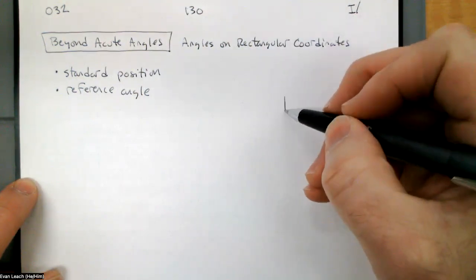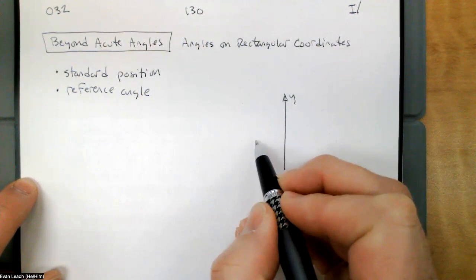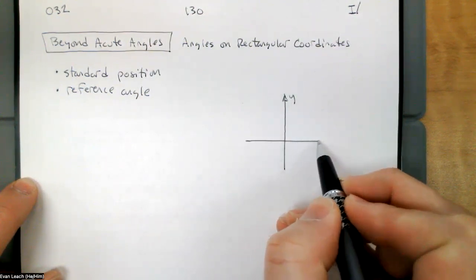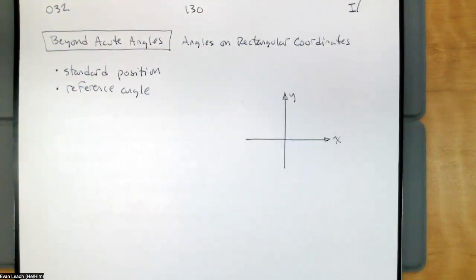Rectangular coordinates or Cartesian coordinates are the XY plane that we all know and love. Just as a quick reminder, we use X and Y coordinates to label every point on a two-dimensional plane.